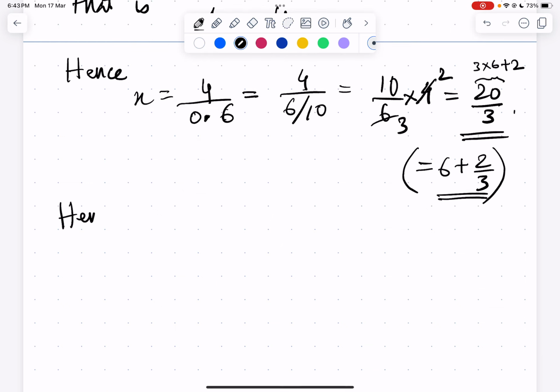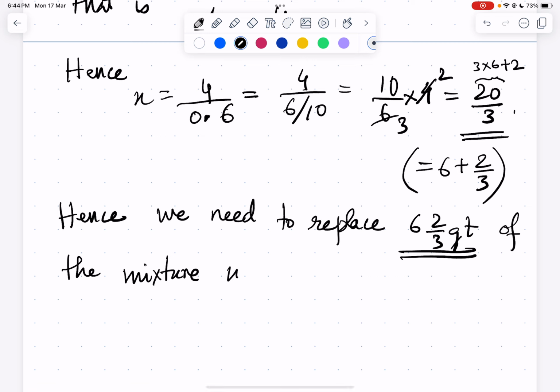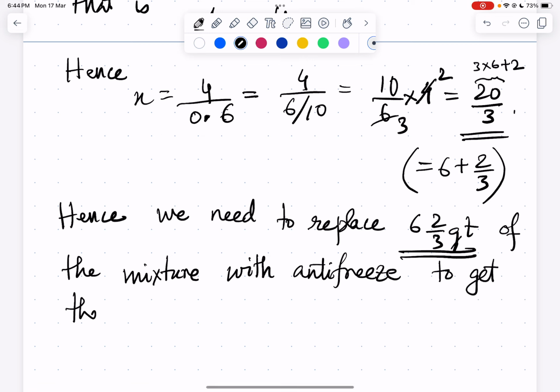Hence we need to replace 6 2 by 3 quarts of the mixture with antifreeze to get the resultant composition.